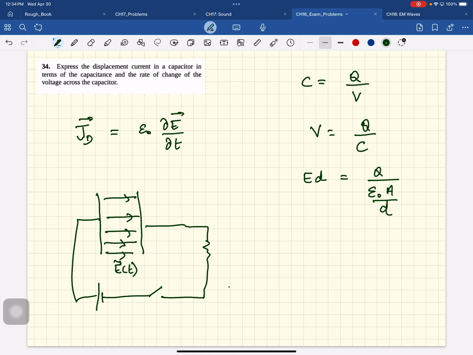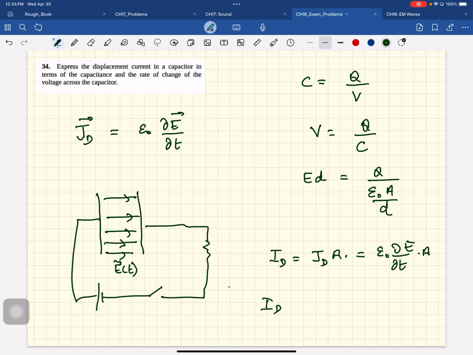So the displacement current is J, and now I'm not going to write down the vector notation, times the area. Okay, so it's equal to epsilon naught del by del T of E times area.